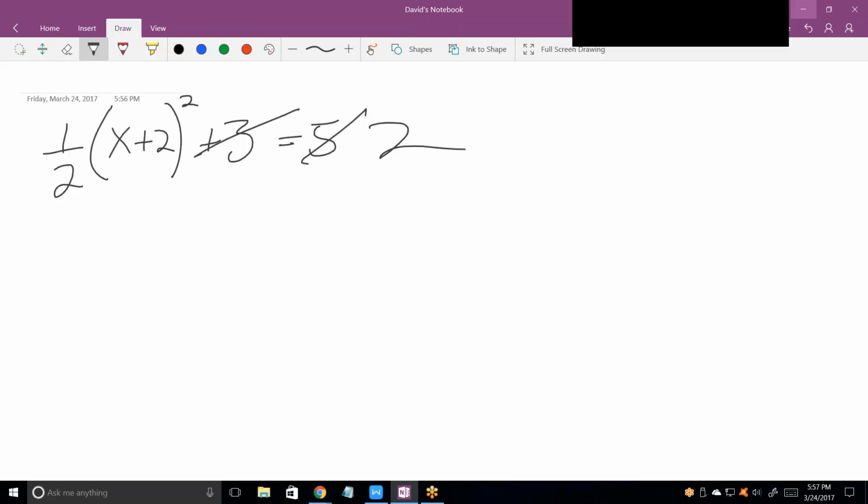Okay? What next? Times 2 by 2. What next? Take the square root of both sides. So what's the next line read? X plus 2 squared equals 4.